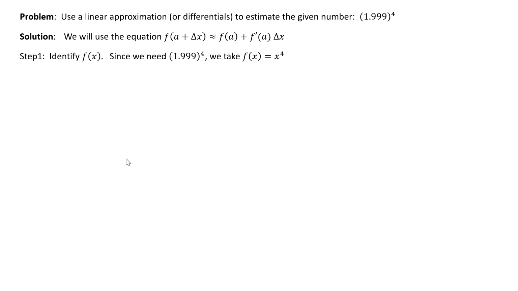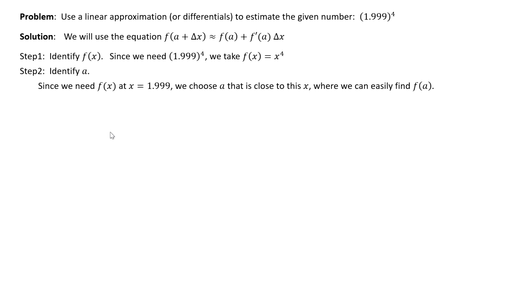Cool. The next thing is we need to identify what A is. Again, nobody will tell you. You have to figure this out. And here is the way you figure out A. Since we need f of x at x equals 1.999, we choose A that is close to this x, right?